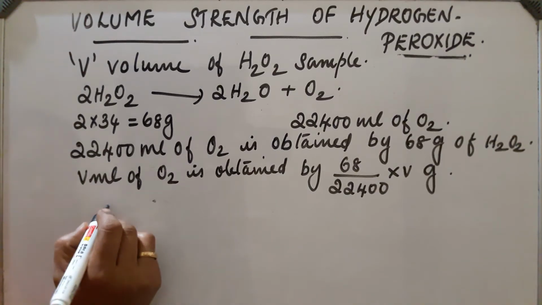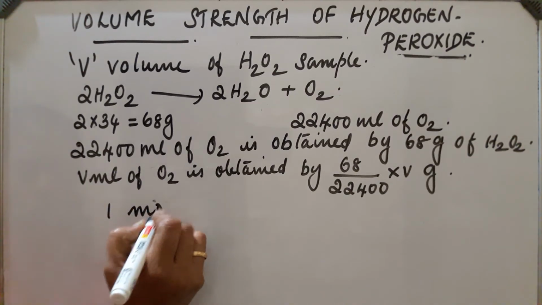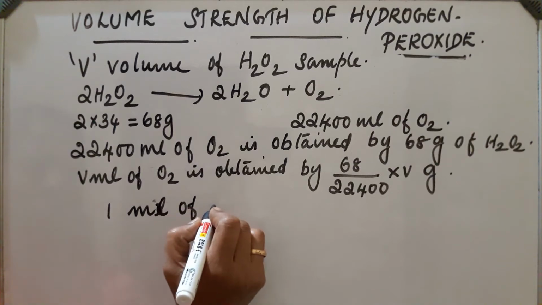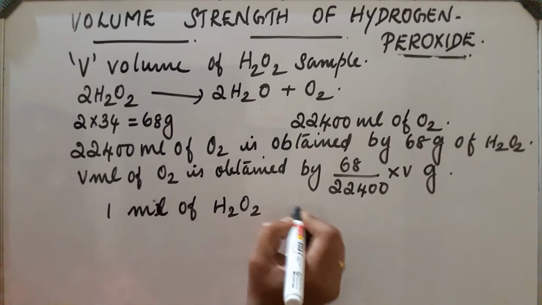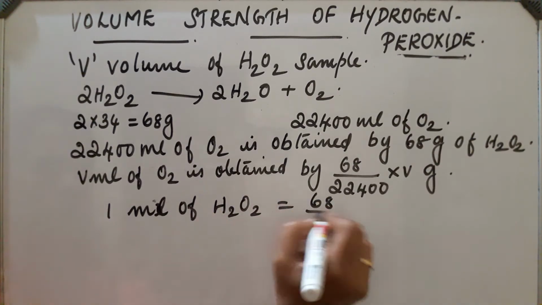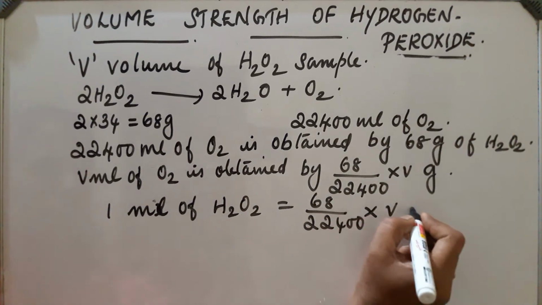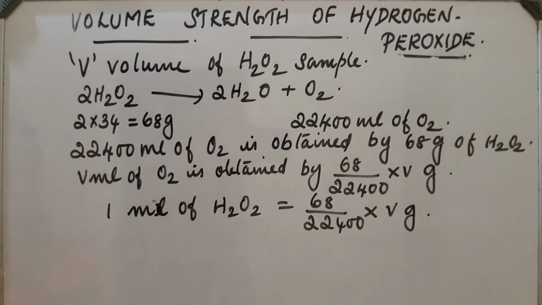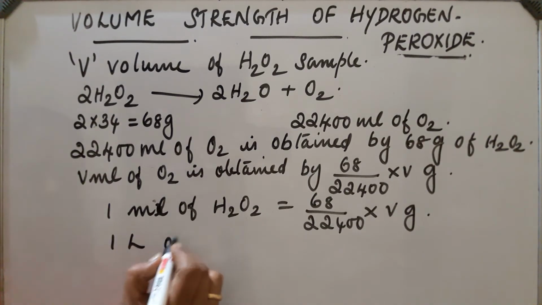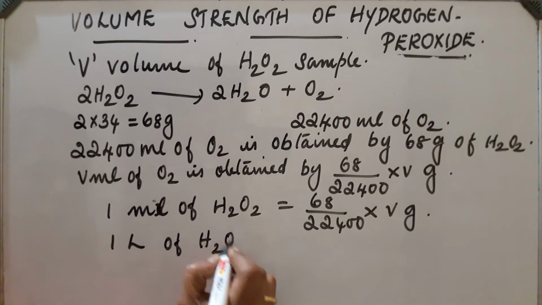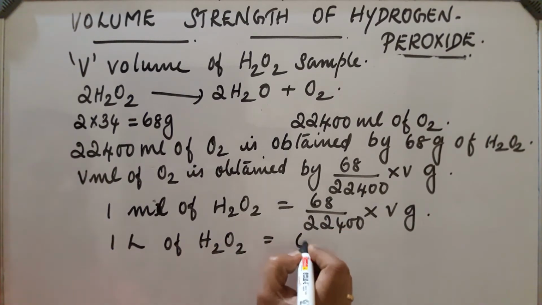So 1 ml of H2O2 equals 68 by 22400 into V gram. If we convert this into liter, 1 liter of H2O2, we have to multiply this by 1000.